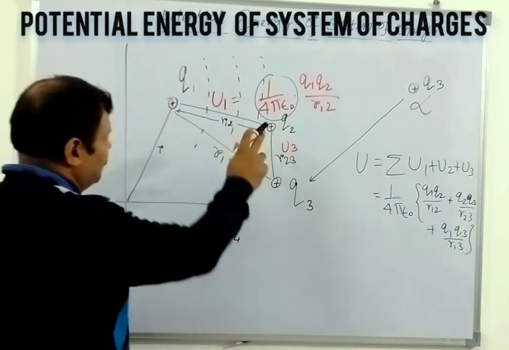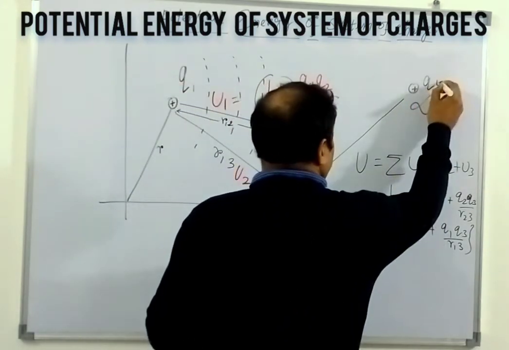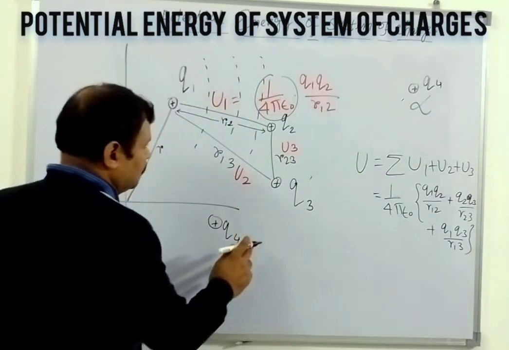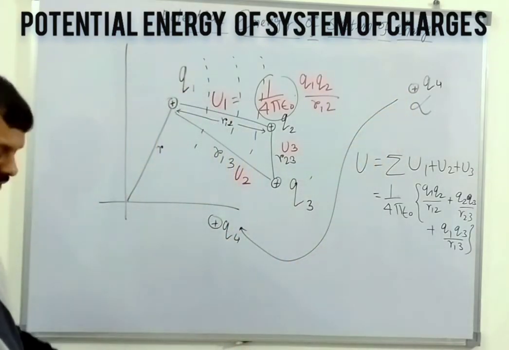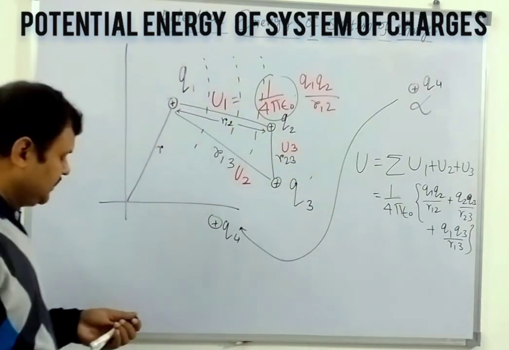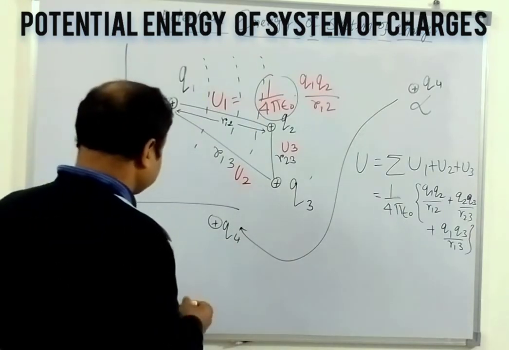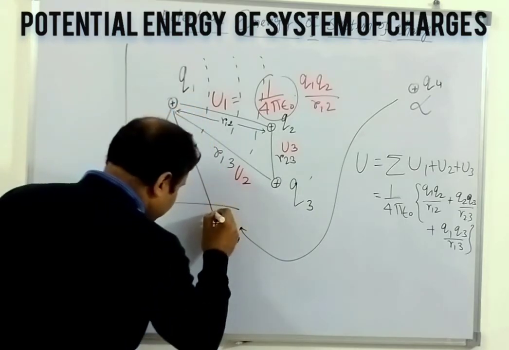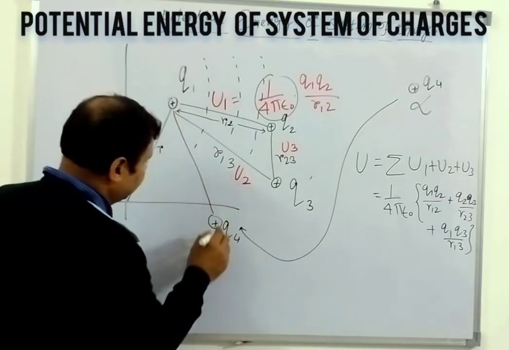So now in the case of the 4-point system, we consider one Q4 charge that I want to bring against this entire configuration, which is already placed. So I will bring this point Q4 from infinity. Now all these U1, U2, U3 are already working. Once you put another charge Q4, Q1 will also exert a repulsive force on Q4.